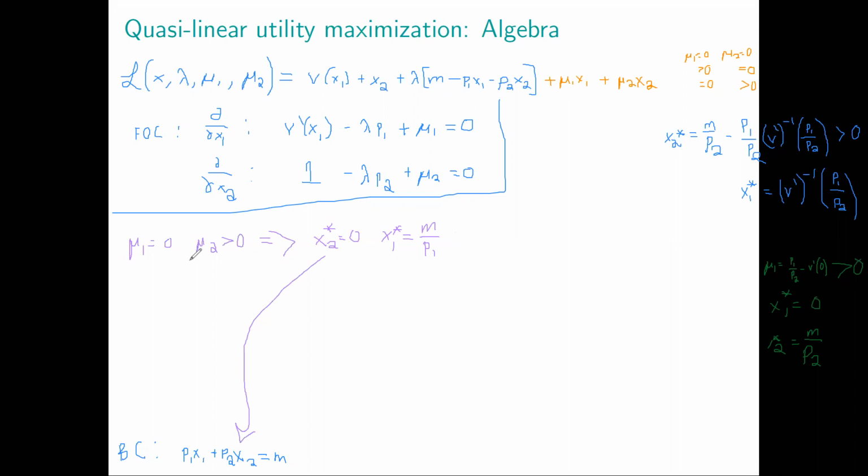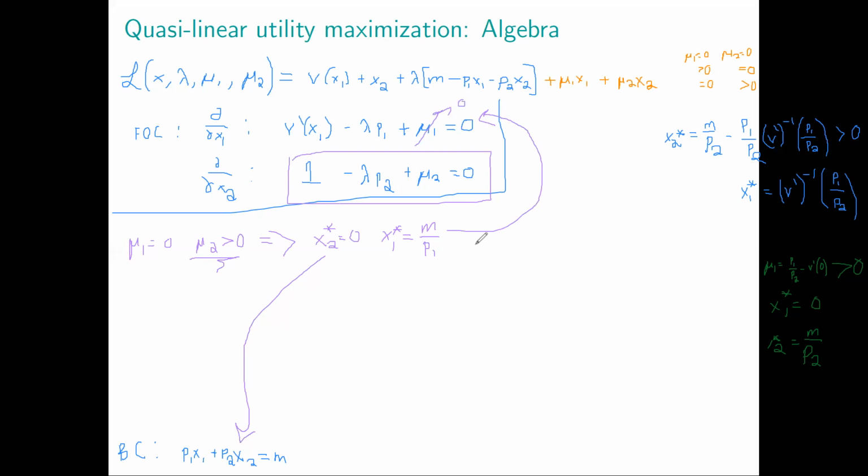Now, again, we need to find the condition where mu2 is strictly greater than 0. We're not able to find an expression of lambda from this equation, so instead we plug our information into this equation. If we do this, we know that mu1 is equal to 0.